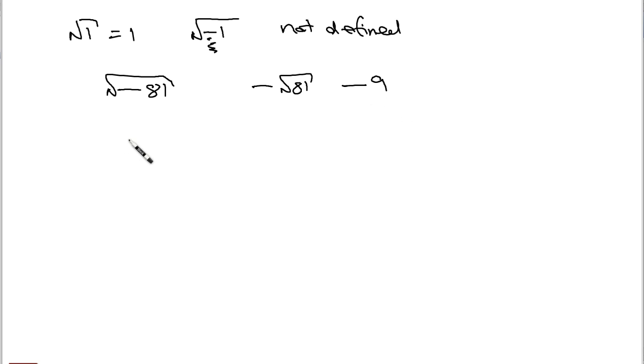Another thing to bear in mind, all the calculations inside the radical sign must be done first. Just treat it as though it's in brackets. So if I have 2 times the square root of 144, I'll work this bit out first. And that is just simply 2 times 12 equals 24.